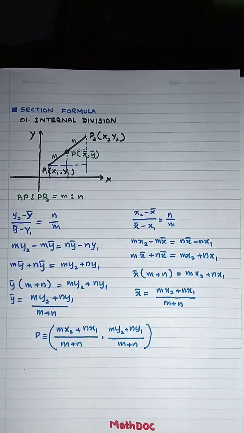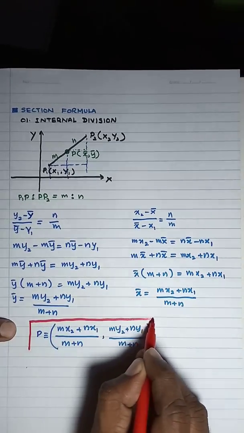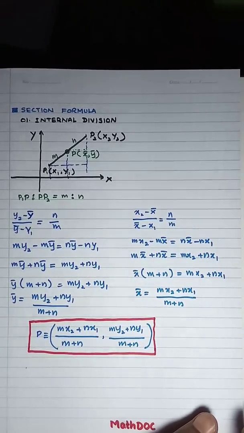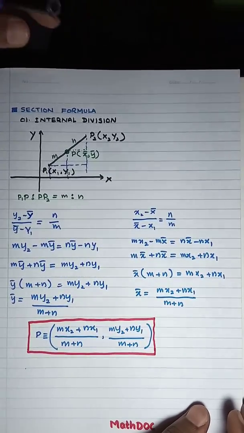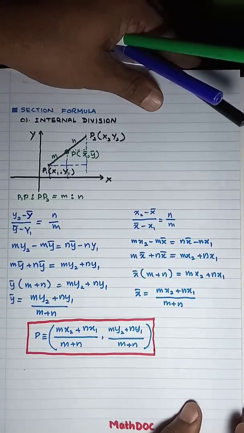That is internal division. Then when doing sections, you can apply this section formula directly. You need to remember this as a formula, and remember the pattern. That is internal division between 2 points. Now let's move further.